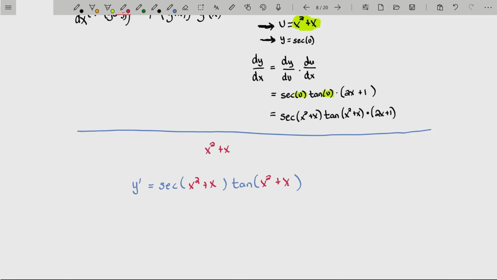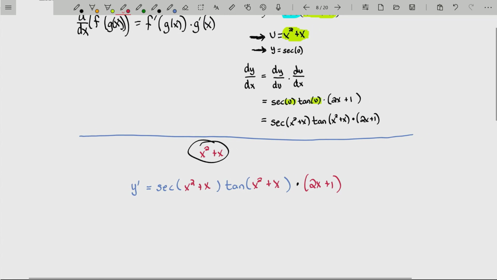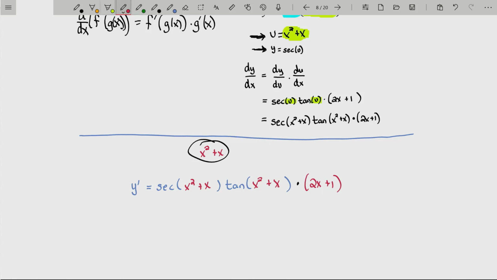Now to that derivative, I will attach via a chain, a link, if you will, the derivative of the inner function. And the derivative of the inner function is 2x plus 1. Notice how fast that was. Secant of x squared plus x, and notice also that it matches, times tangent of x squared plus x times 2x plus 1.